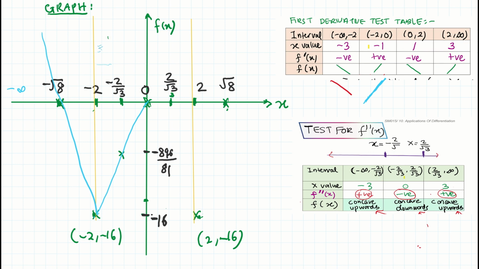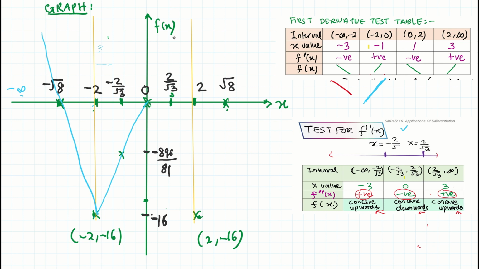So you need to consider concavity here by using the second derivative test table. From negative infinity to negative 2 over 3, the function is concave upward. From negative infinity to negative 2 we know that the function is decreasing. What about concavity?